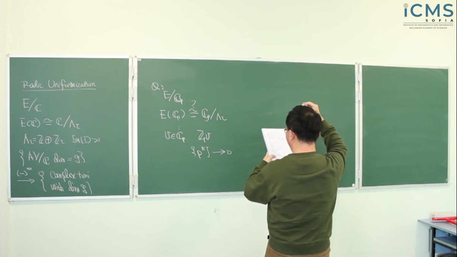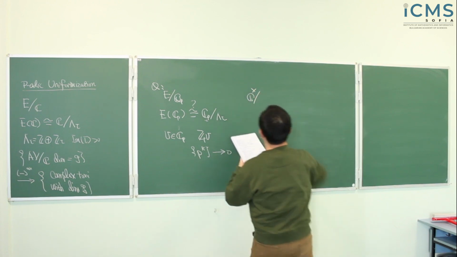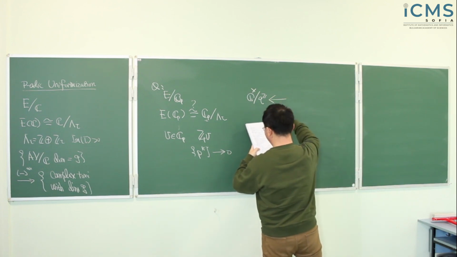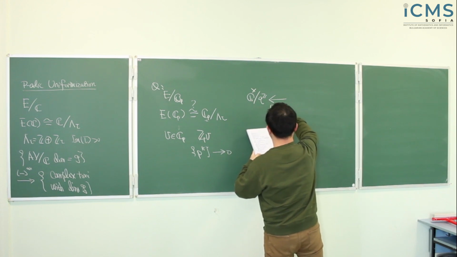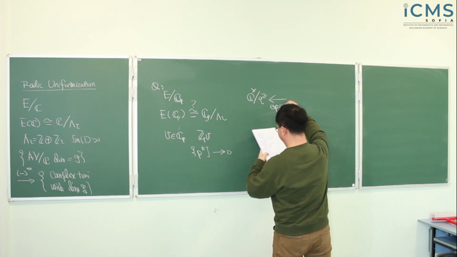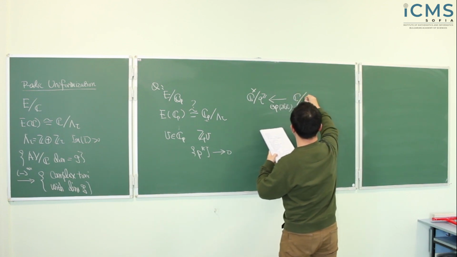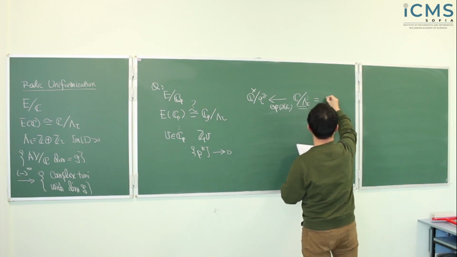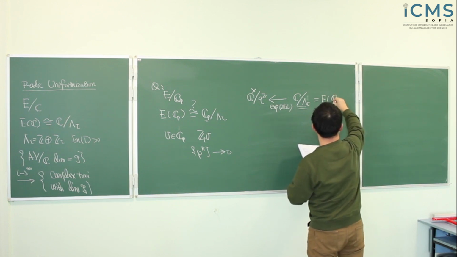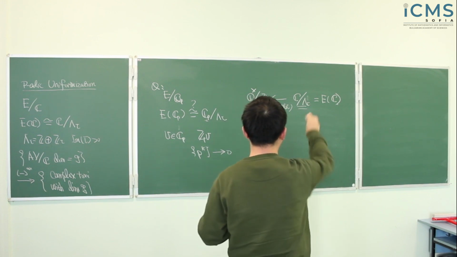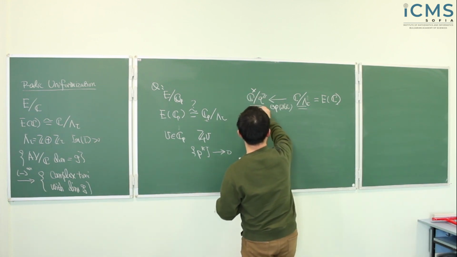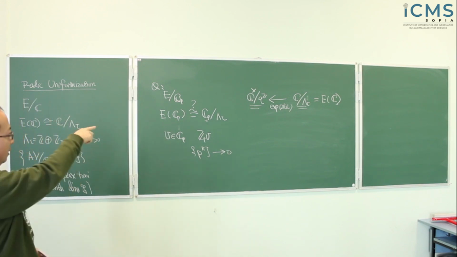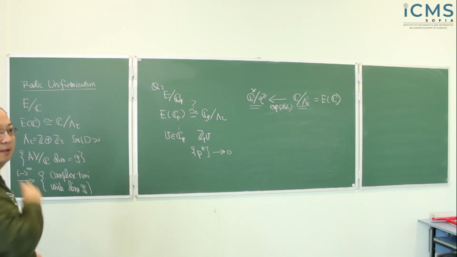But the fortunate thing is that Tate found the following. In the complex case, we have an isomorphism from C modulo the lattice, given by the exponential map z goes to exp(2 pi i z), to C star modulo q to the Z. This is the classical complex uniformization. So if we can find a similar thing to represent the C_p points of an elliptic curve over Q_p, we call that a uniformization.